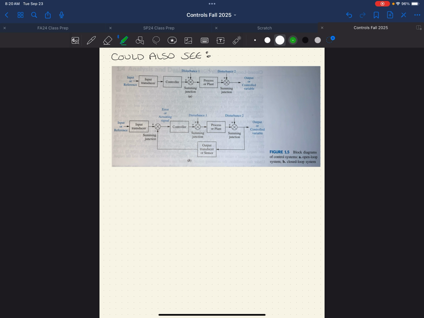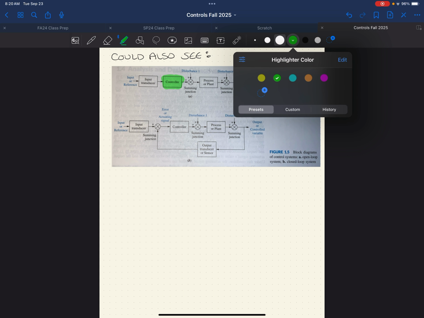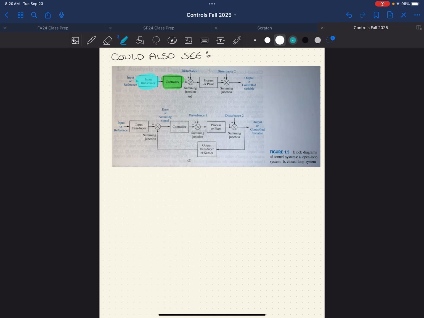So one is that before hitting the controller, we could see what's called an input transducer. Okay, so this is just another block that's going to take your input or reference and produce a different type of signal before it goes into the controller. So for instance, let's say we're talking about a thermostat. Your input could be the button push by the user on the thermostat box.